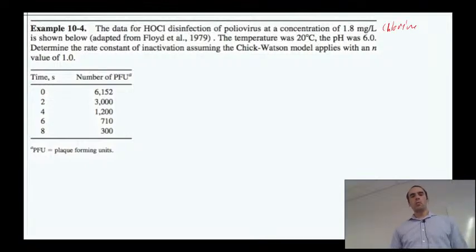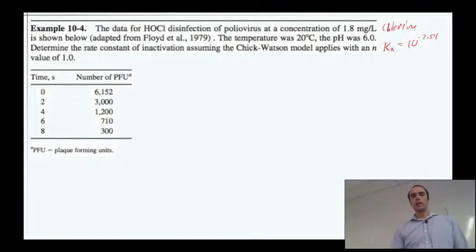The temperature was 20 degrees Celsius. If we cared to, we could change the equilibrium constant a little bit. We're not going to. We're going to assume that the Ka for chlorine is 10 to the negative 7.54.